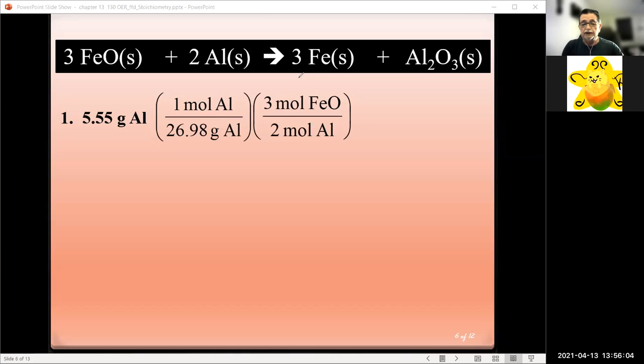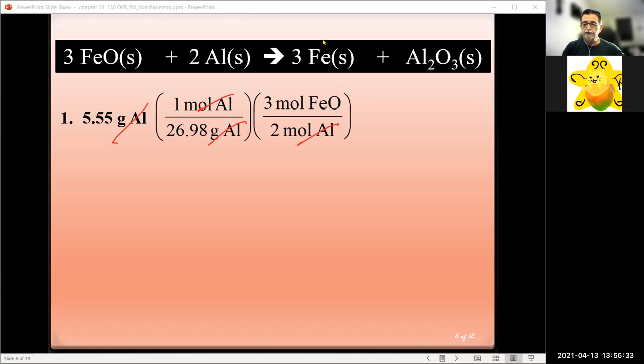Think about this for a second now. First one, notice that the grams of aluminum cancel out, leaving us with moles of aluminum. If we were to stop there, no, we're trying to get to moles or grams of iron 2 oxide. And so our middle conversion factor converts us from moles of aluminum to moles of iron 2 oxide.